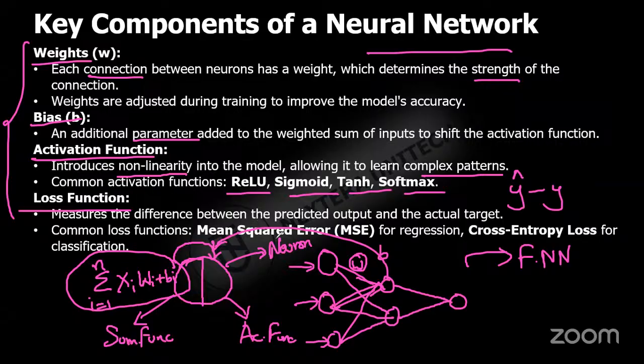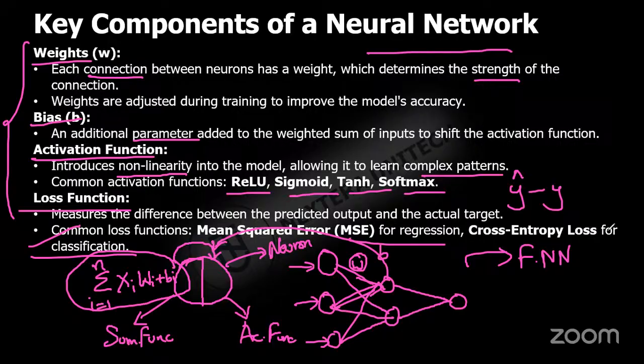And there are commonly used loss functions: mean squared error for regression, cross entropy loss for classification. There is also a concept called cost function. Let us understand the loss function and cost function, and the commonly used ones, in the next couple of minutes.